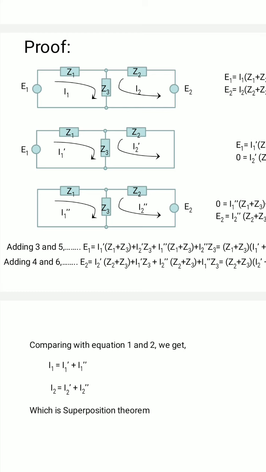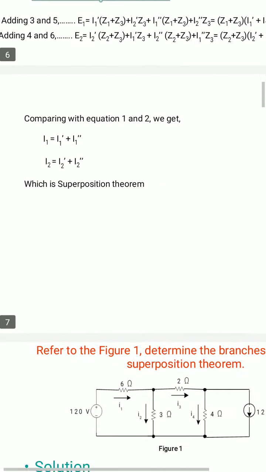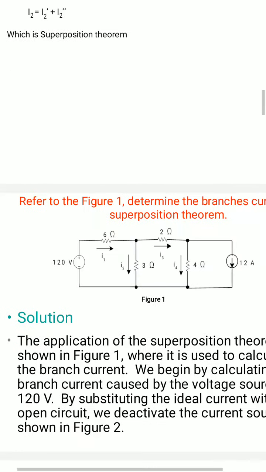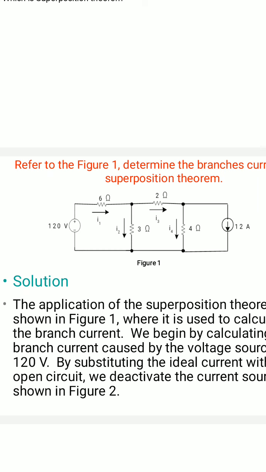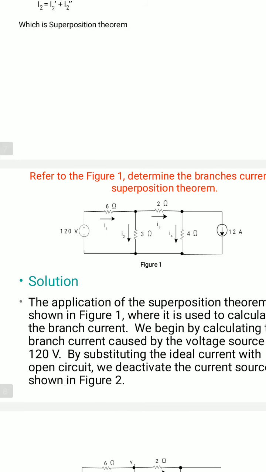Likewise, you do the other sources also. So I1 prime and I1 double prime will be the individual responses, and when you add these individual responses, you will get the total response. So the superposition theorem is proved. Now let us go to the example. I will teach you the example in the next class.